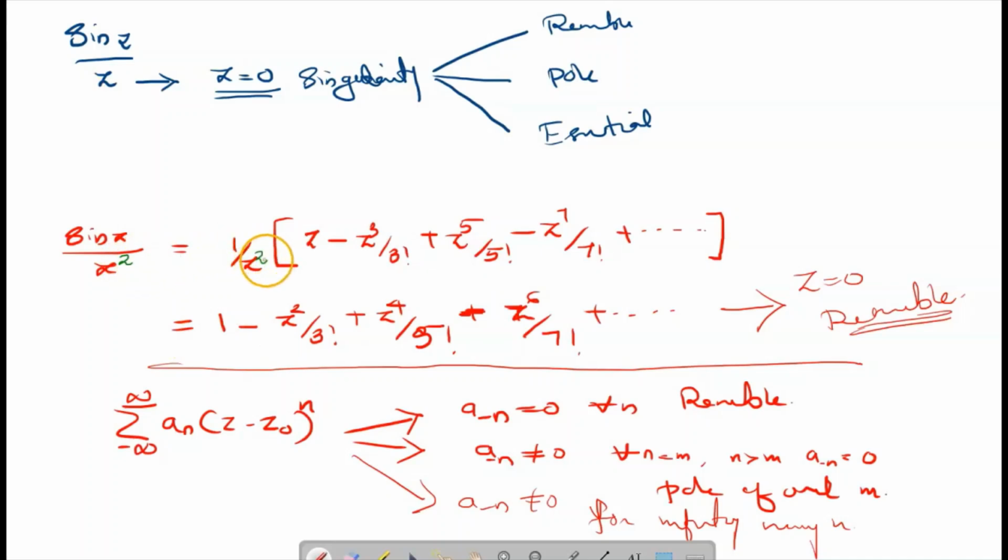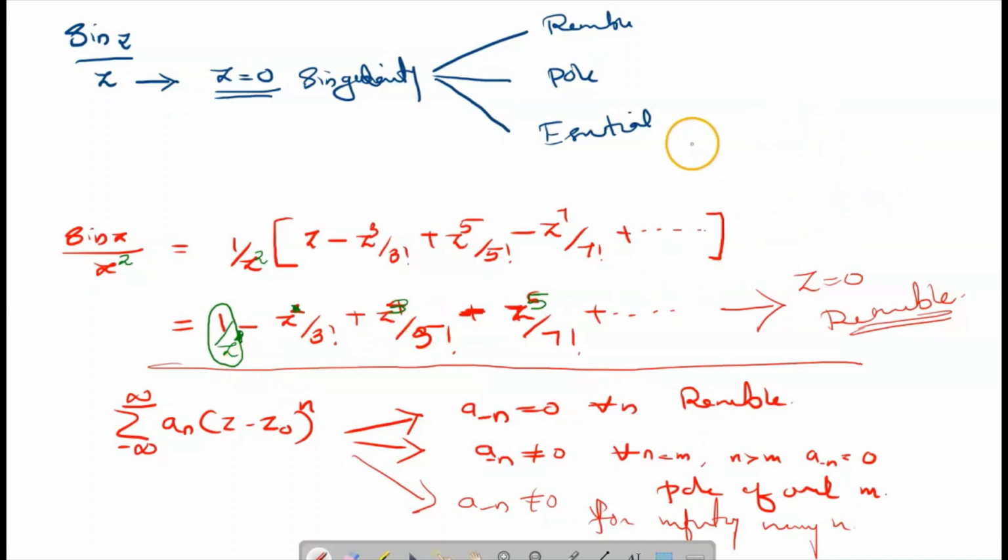Since it is z square, this is 1 by z, and the second term is z by 3 factorial, the third term is z cube by 5 factorial, and then z raised to 5 by 7 factorial. That means we divided each term by z square. So here we have 1 by z, which is the only negative power of z.